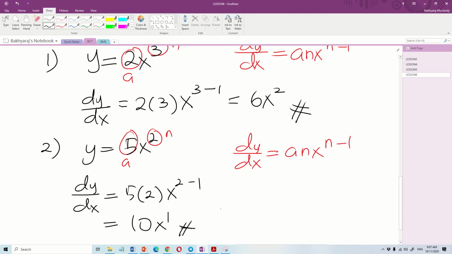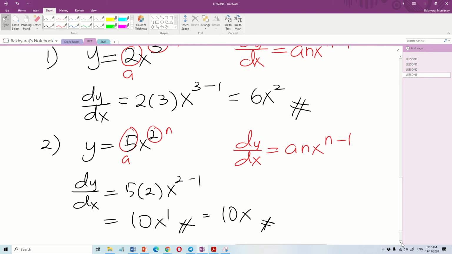Kalau you tulis yang ini pun saya terima. This is an acceptable answer. If you put 5x^1, it's acceptable because everyone knows x is power of 1. Kalau kita letak satu pun it's acceptable because in common kita takkan tulis x^1 tu.